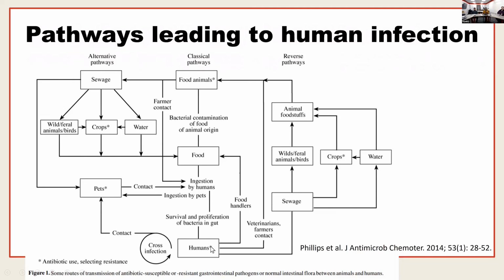It could be reversed, starting from humans. Among human communities, resistant bacteria develop and can be transmitted through waste, impact the food animals, and come back around the circle. So I'd say this is a relatively complete picture of the different sources and possible transmission pathways. However, if you look at the literature, we have a very imbalanced focus.